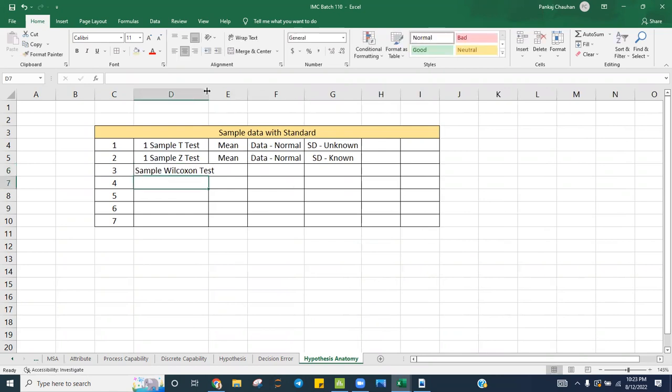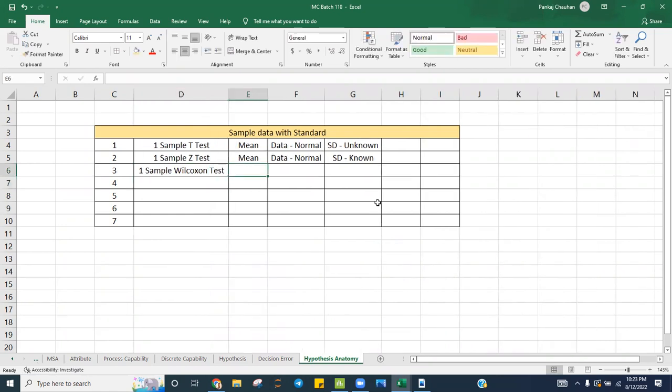One sample Wilcoxon test you perform when you are trying to compare the median of a normal data. Standard deviation is known or unknown, doesn't matter here. Not applicable. Your data is normally distributed, but you are comparing the median of that data.